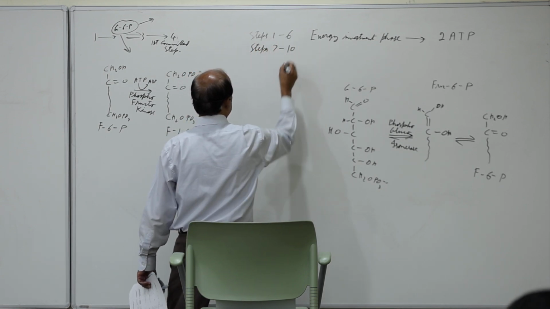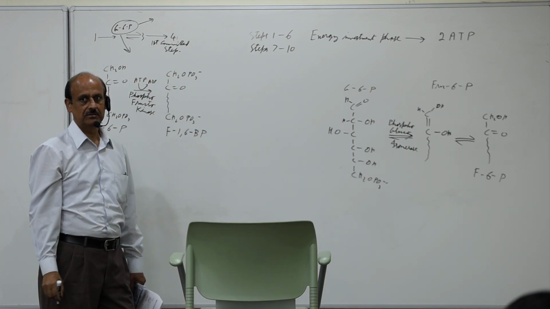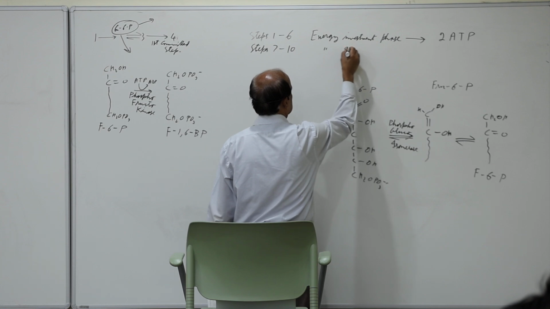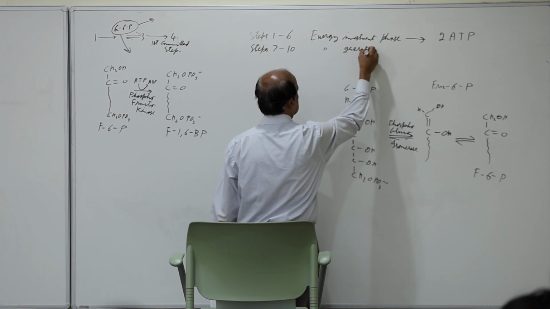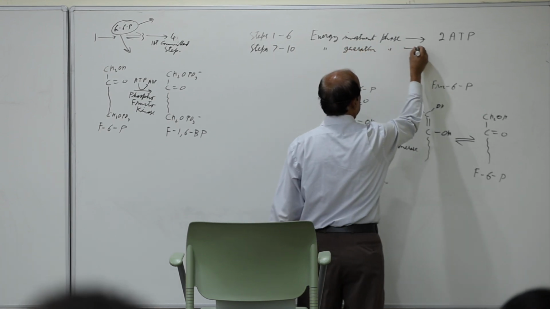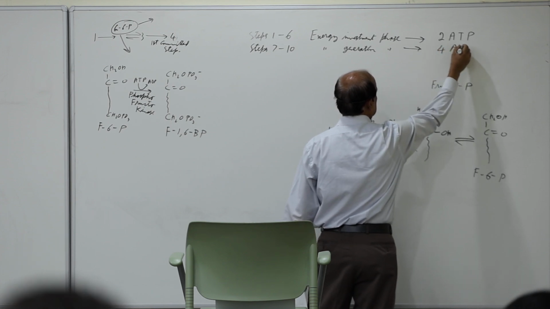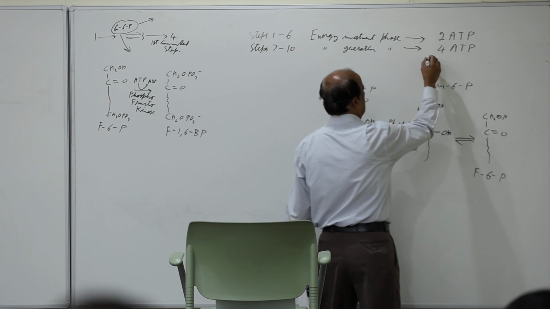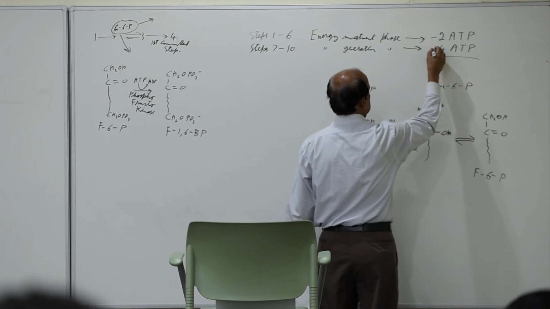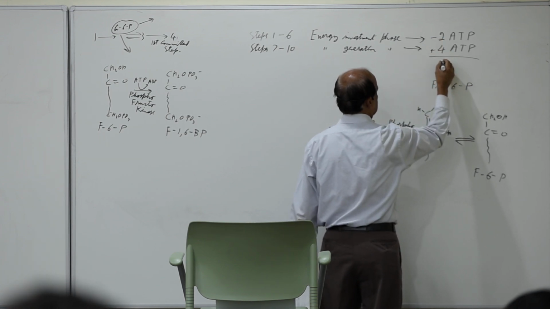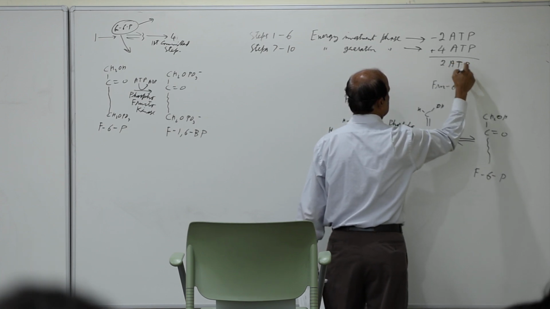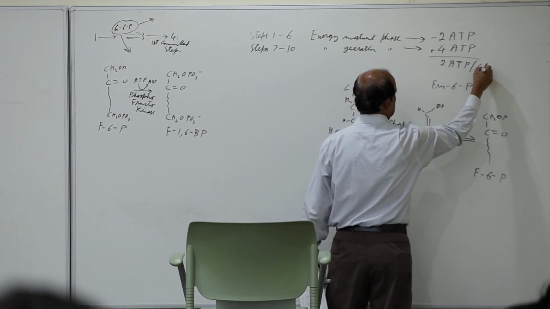7 through 10, we will actually be making ATP. So that will be the energy generation phase. And you will be making 4 ATPs. So this is minus, this is plus, so you are making net 2 ATP for glucose.